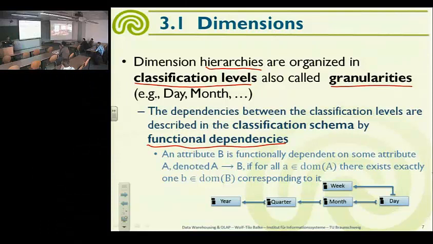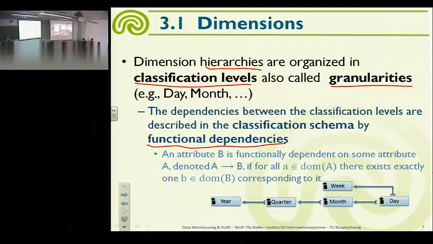It means that if I have the date, I know, just by having the date, when this product was sold, which day, which month, which year. If I have a zip code, then I know where this product was sold, which city, which region, which country, just by having this number. And this is what the functional dependency is about. It's a function.